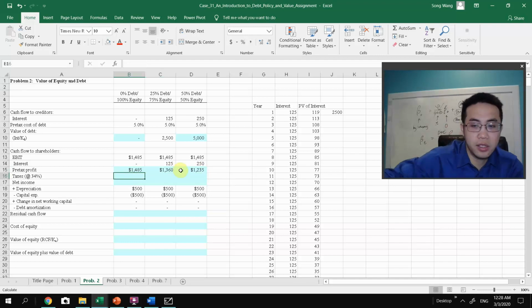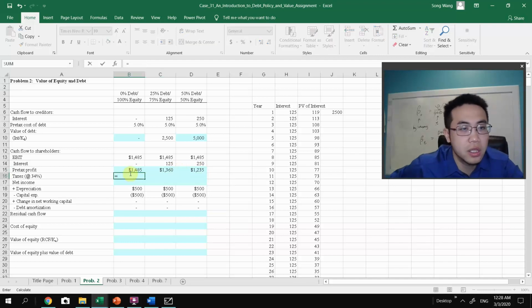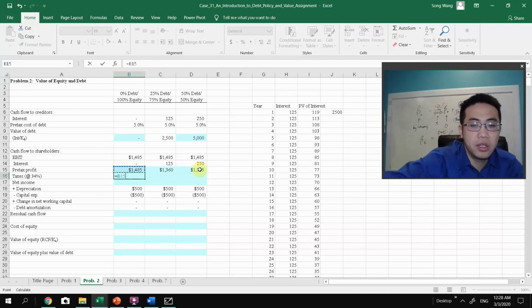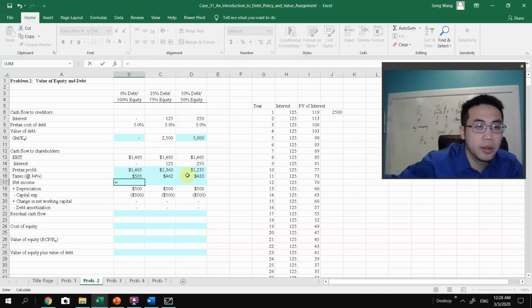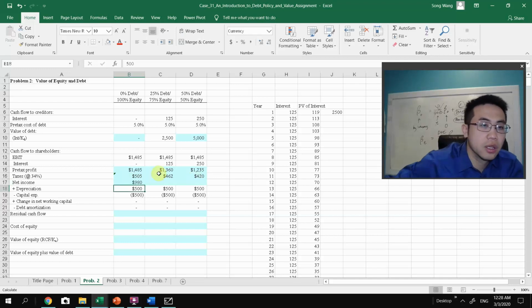and then the taxes is 34% of that, and then drag it. Then your net income would be this taxable income minus your taxes.